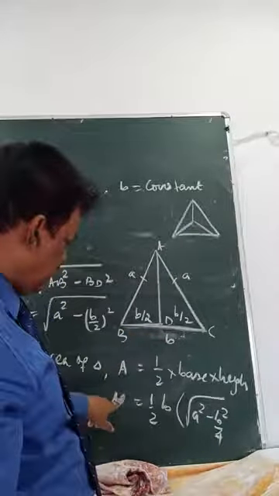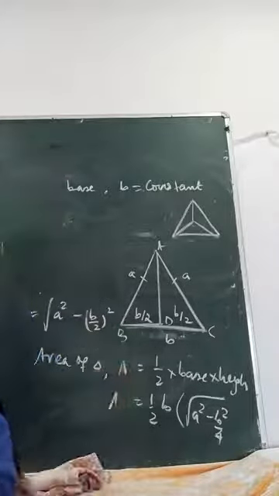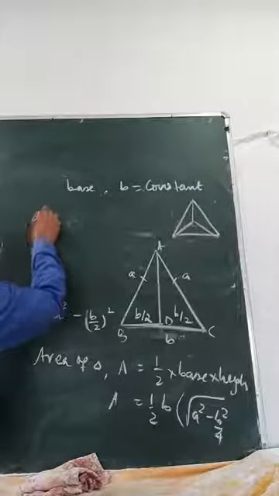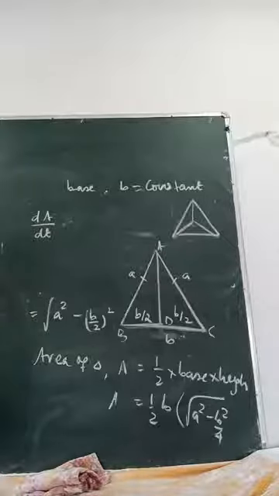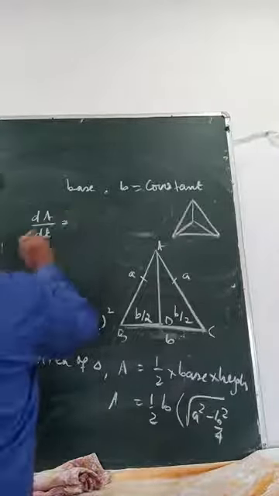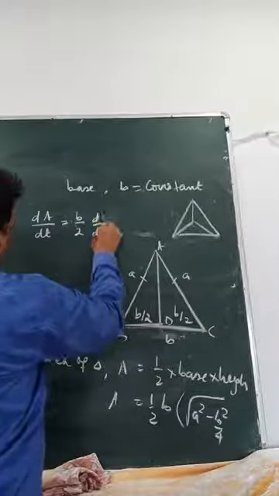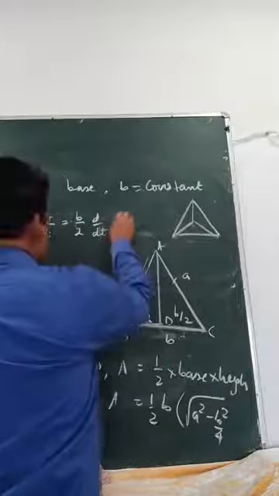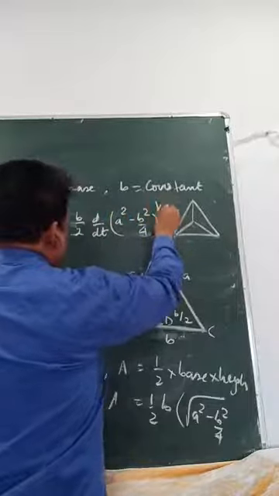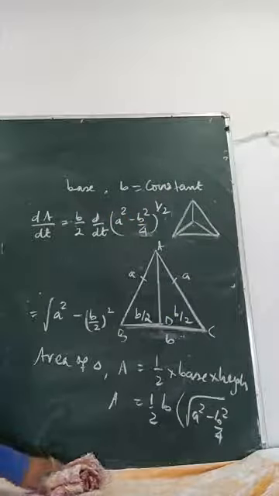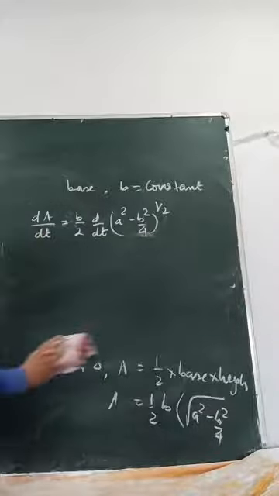So we will write dA by dt, because it is with respect to time. So that is B by 2 constant, d by dt of A square minus B square by 4, power is 1 over 2. Then what will you get?